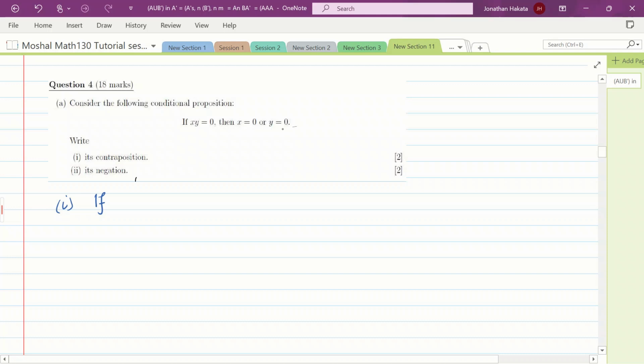We oppose the implication first. So we start with, if x is not equal to 0 and y is not equal to 0, we oppose, then xy is not equal to 0.